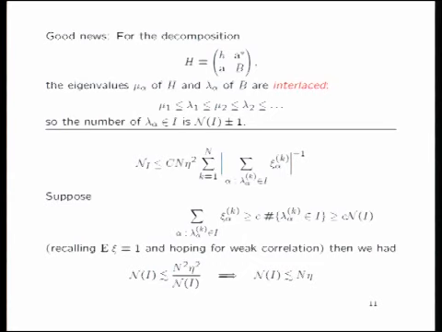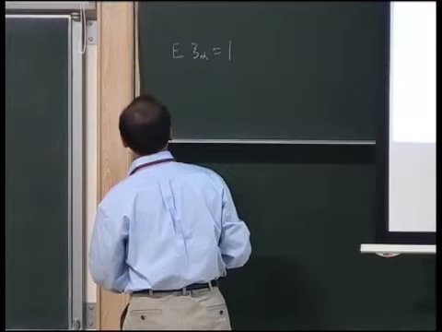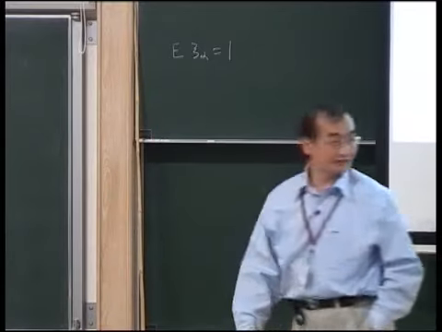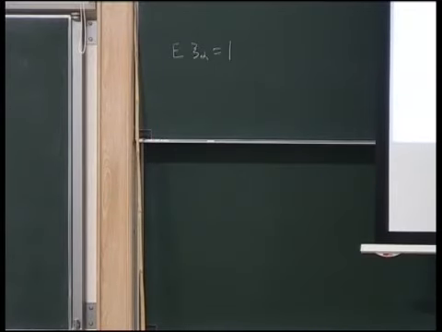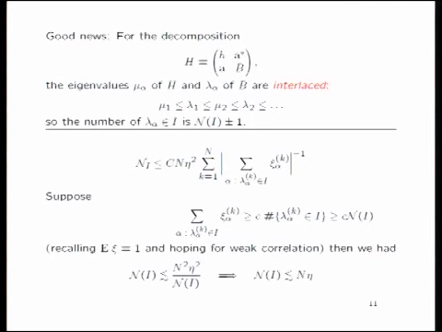So let me write here. The expectation of C alpha is equal to 1. So if you replace C alpha by 1, the summation of C alpha just becomes the number of eigenvalues.